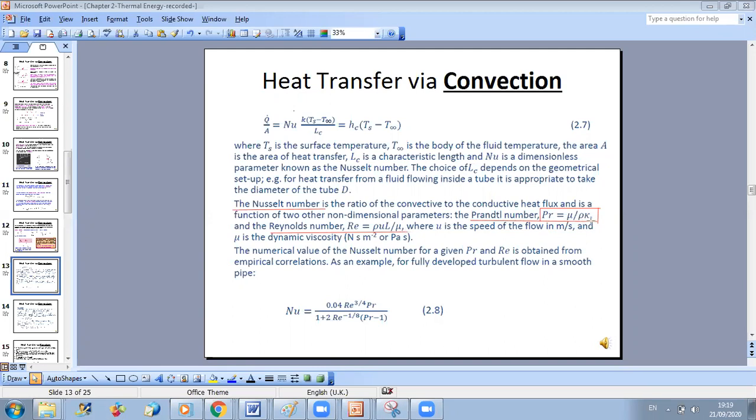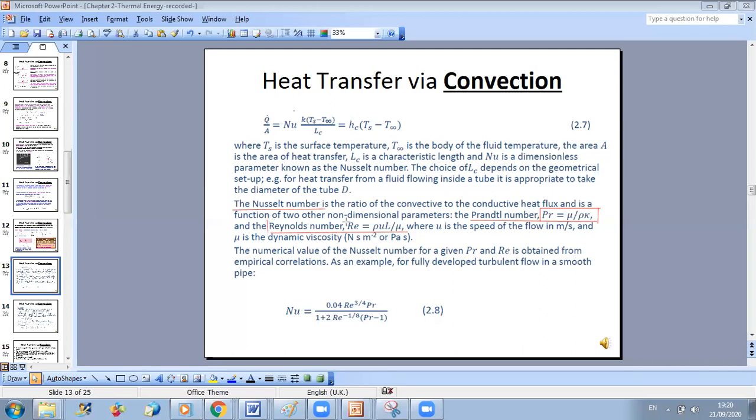Because you are interested in all characteristics of your fluid, it will be of interest to include in your experiment the Prandtl number, okay? In addition, because the velocity of your flow has a high importance in the convective coefficient, then you should also include what we call the Reynolds number.